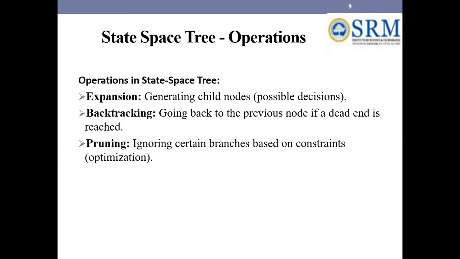It is mainly used to increase efficiency. Pruning is ignoring certain branches based on constraints. For optimization problems, we have some constraints, and based on the constraints, some branches can be eliminated or not explored. Removing unwanted operations from the state space tree is called pruning. It is mainly used for generating an optimal solution.